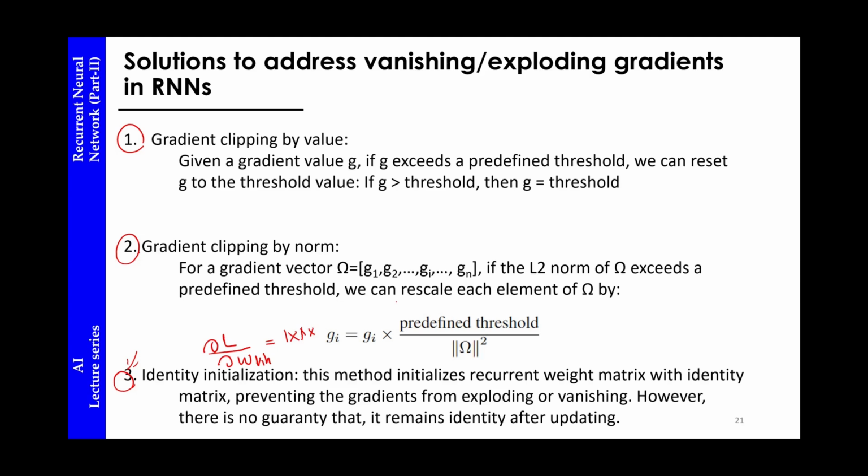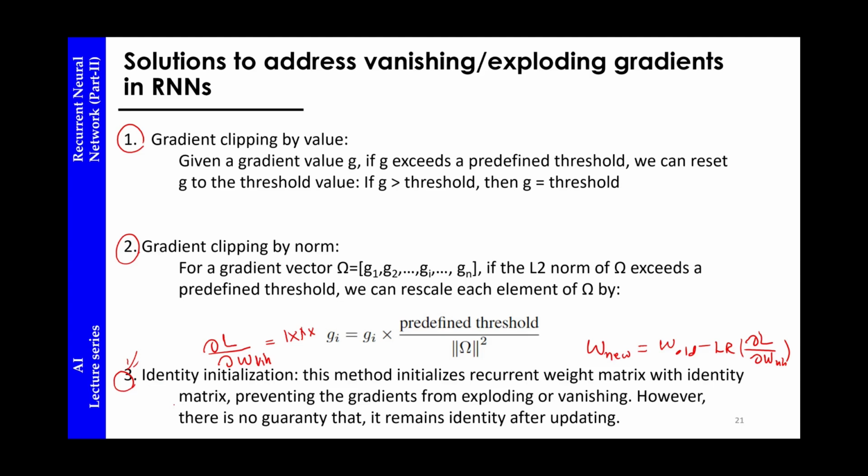But when weights are updated, I showed that when we calculate the new weights, there is no guarantee that the identity matrix remains, that the eigenvalues remain 1.